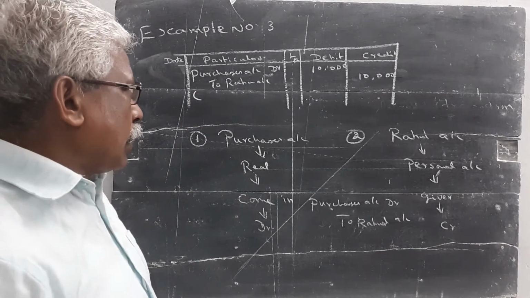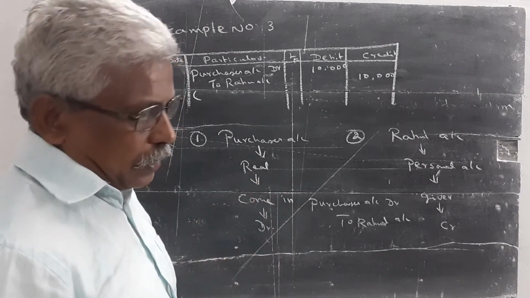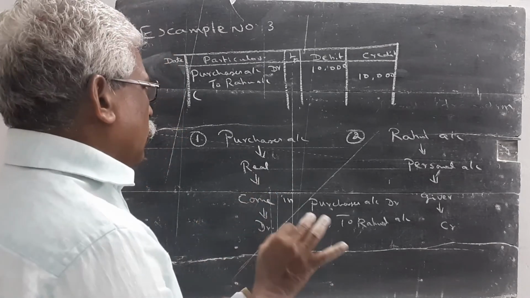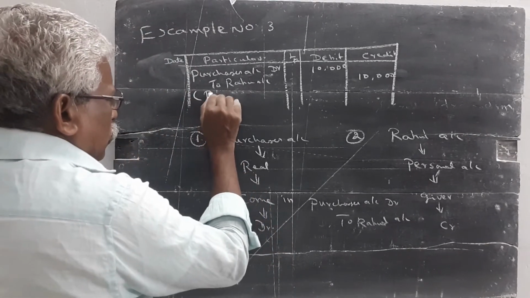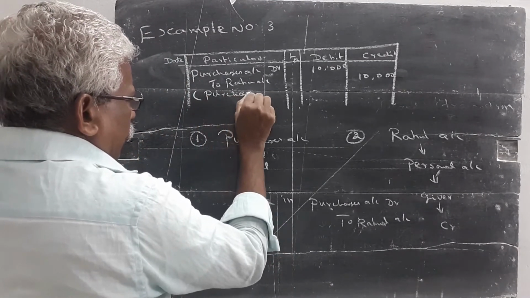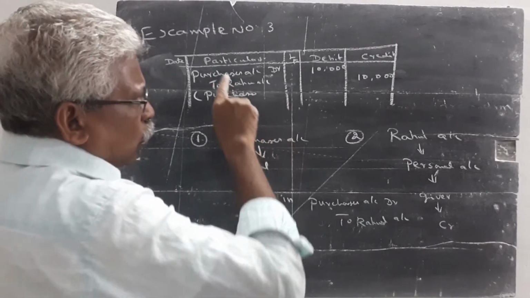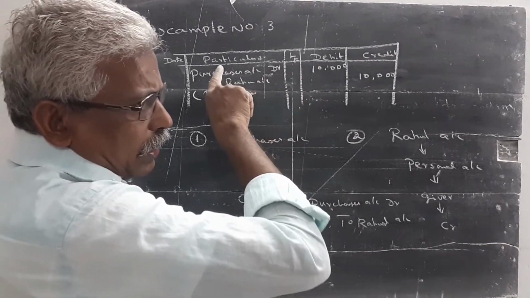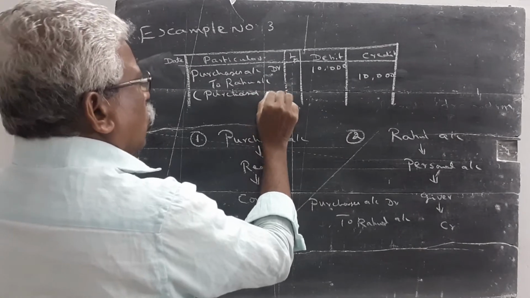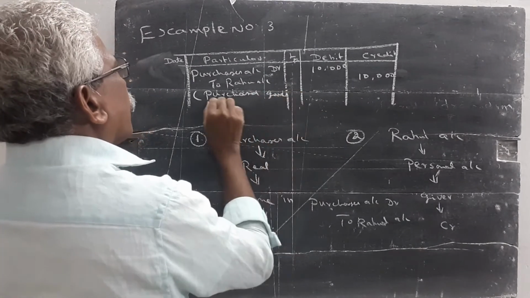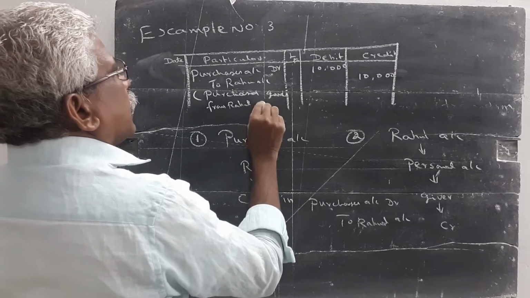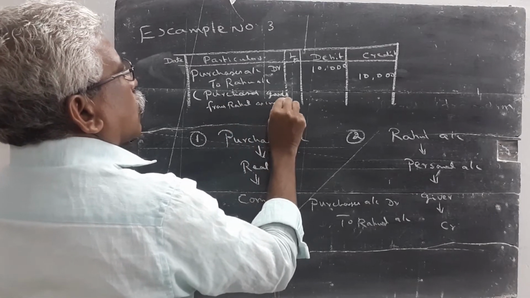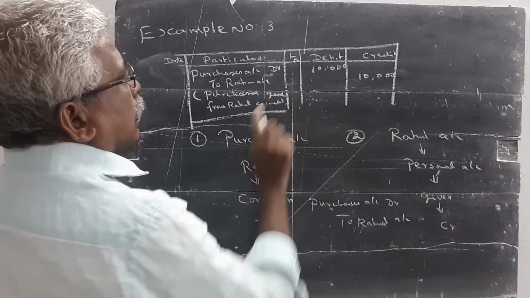Without narration, the journal entry is not completed, so try to write the narration also. Simply write the transaction: purchased goods from Rahul on credit. Close the bracket and draw a single line here.